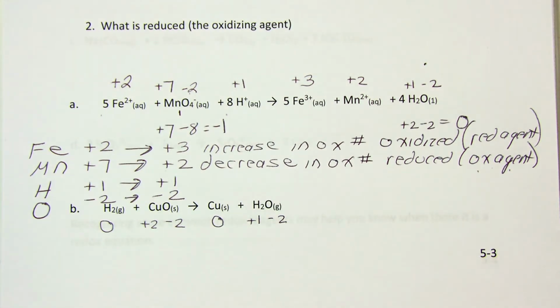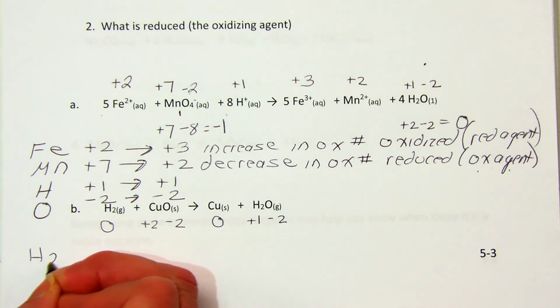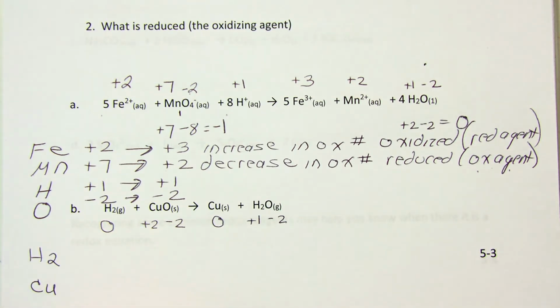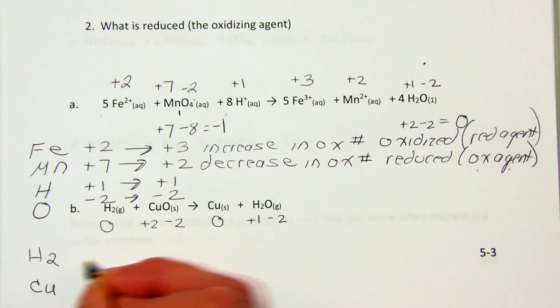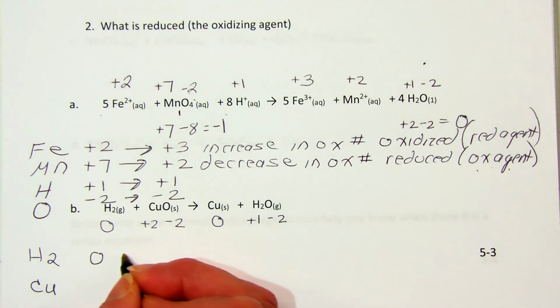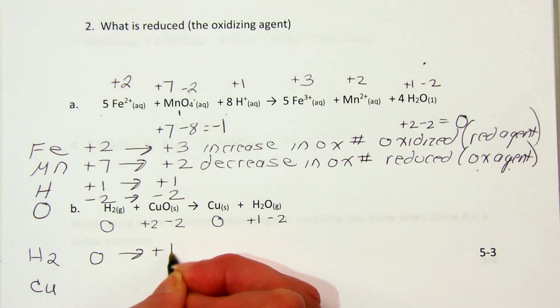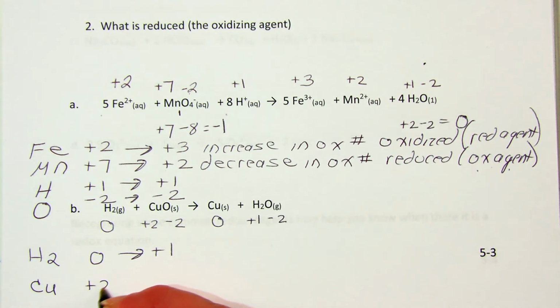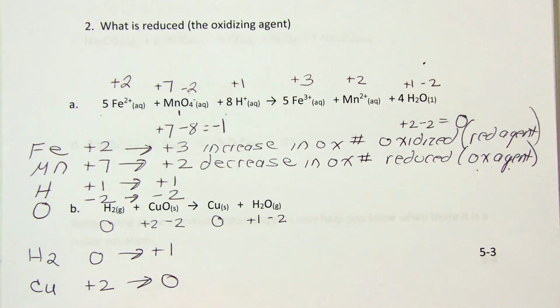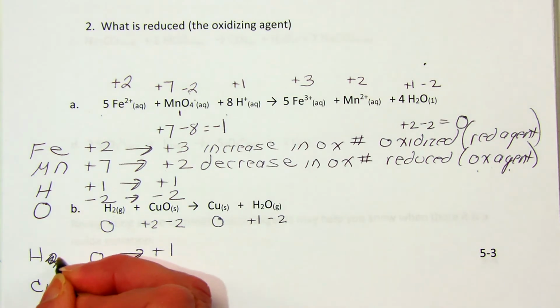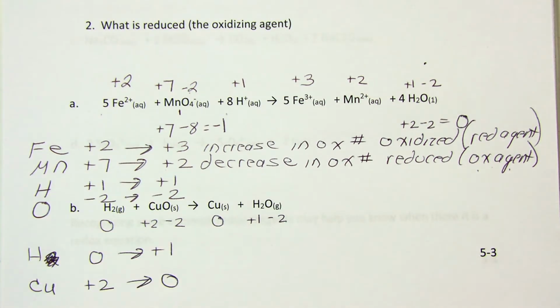So now if we look at this, we have hydrogen, copper, and oxygen. The hydrogen goes from 0 up to a plus 1. Copper goes from a plus 2 to 0, and oxygen is a minus 2, stays as a minus 2. It's really just hydrogen atoms we're talking about, not the gas.